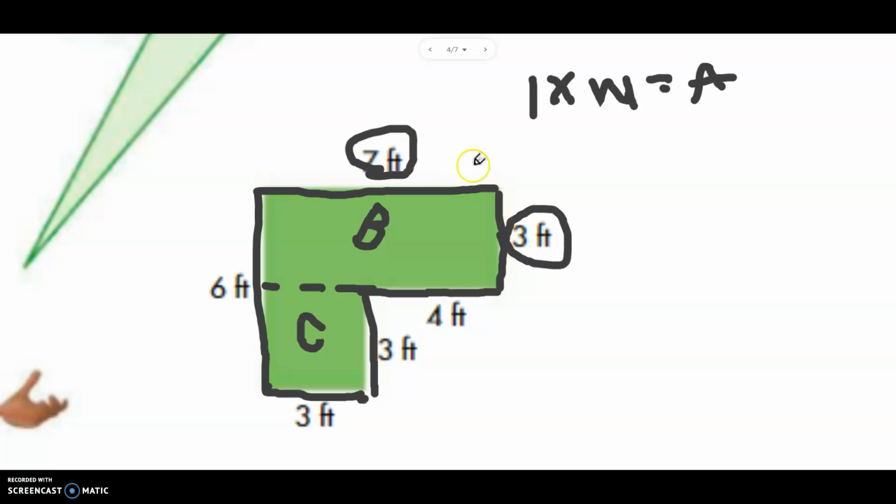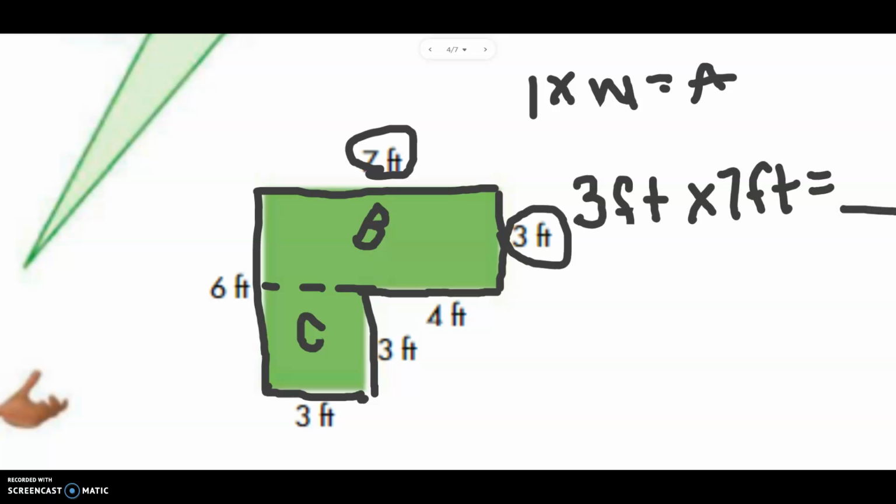I can see that the length is 3 feet times the width, which is 7 feet. And then that would give me the area. You will have to find the area on your own. All I am doing is setting up the problem for you. So this is for B.